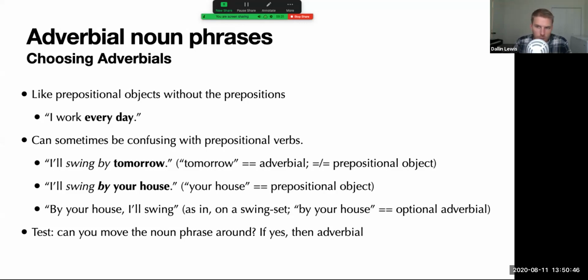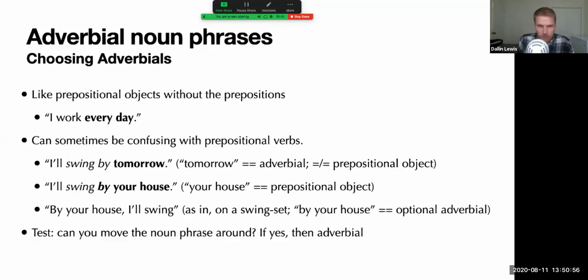And the whole point of Yoda, by the way, is that he moves those parts of sentences around that can't be moved around, making him sound either completely wise or incredibly stupid, depending on your opinion of the Star Wars franchise. So the test is, can you move the noun phrase around? If yes, then it's most likely adverbial. Actually, almost certainly adverbial, but maybe don't quote me on that.